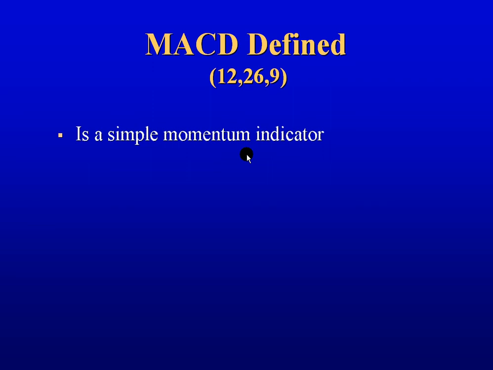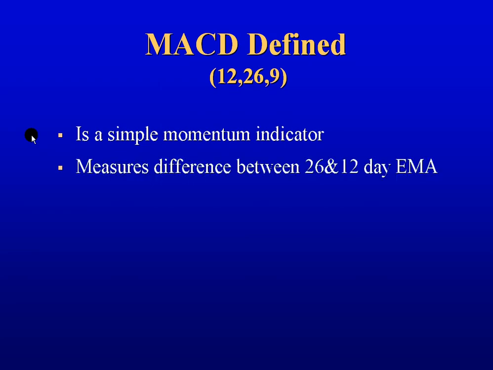Just to give you an overview as to how we're going to look at the MACD, it's a simple momentum indicator, and we're going to use it more in the area of divergence, but it just measures the difference between the 12 and the 26 day exponential moving average.